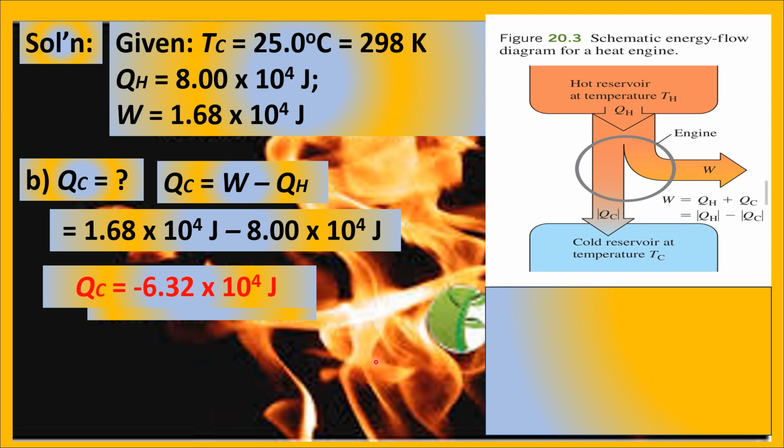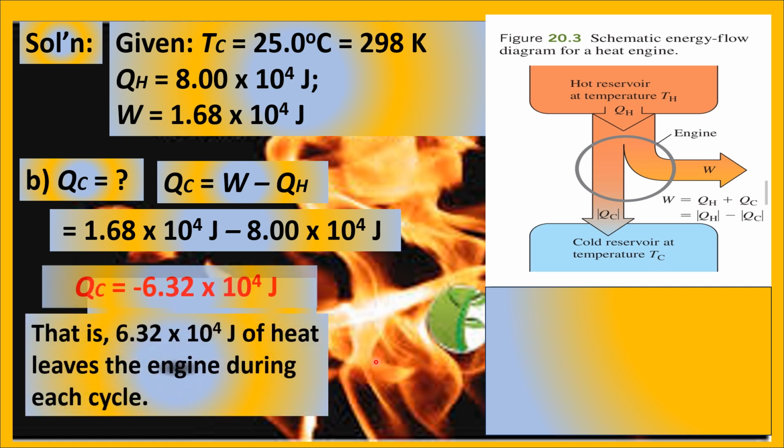And what does this mean? This means that 6.32 times 10 to the fourth power joules of heat leaves the engine during each cycle.